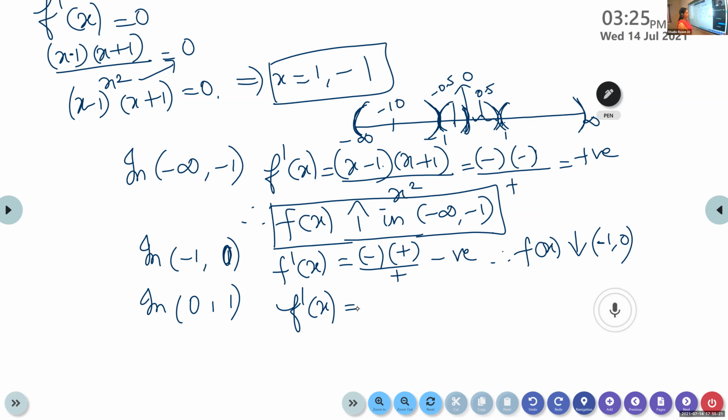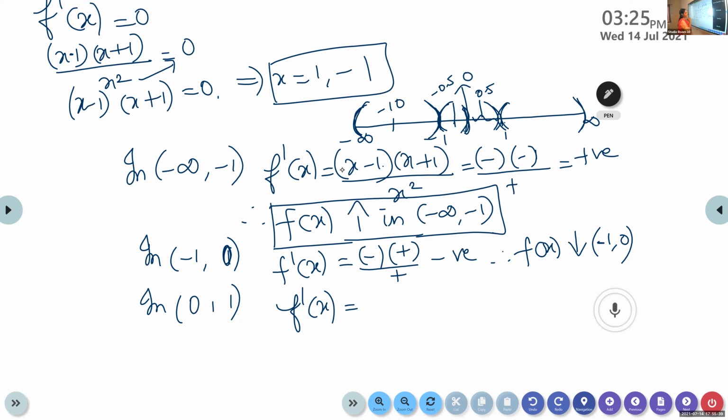Is it positive or negative? What will you get if you put 0.5 in, that is 0.5 minus 1?